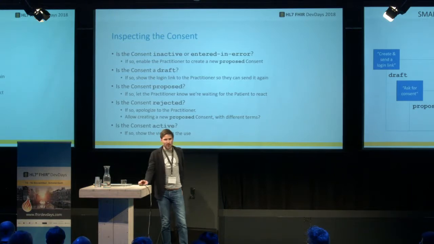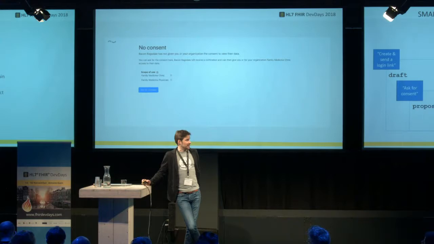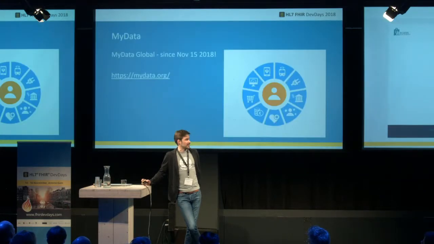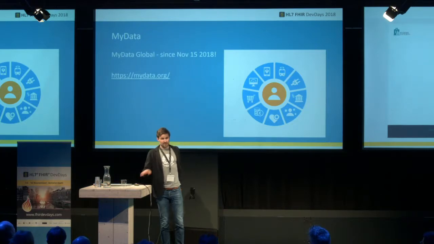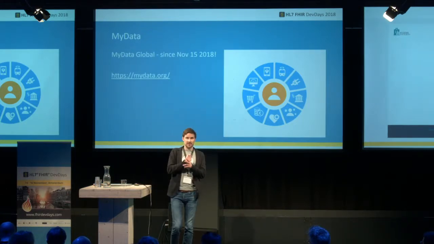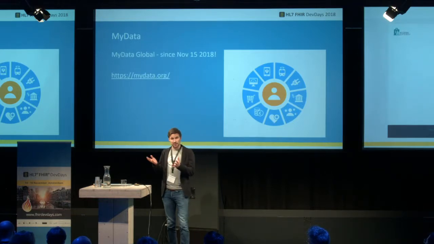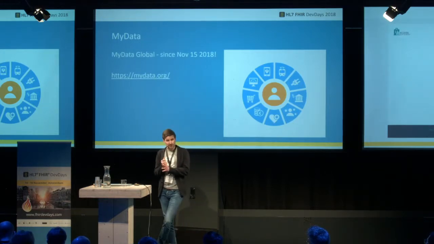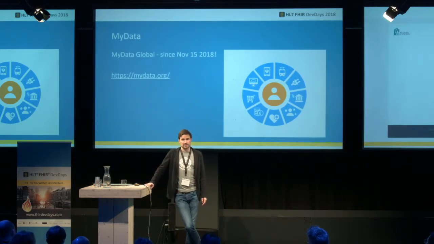So how much do we actually want to bother the individual with the consent? When I showed the Google Fit consent, for instance, they have some kind of granularity. I can select whether I want to share my location data, my nutrition data, my physical data, and so on.